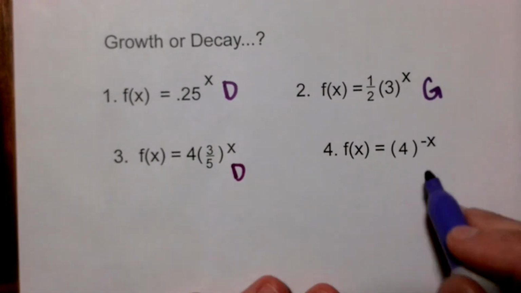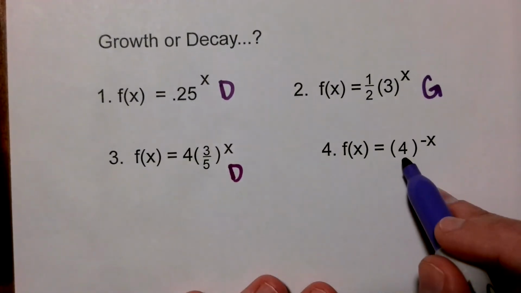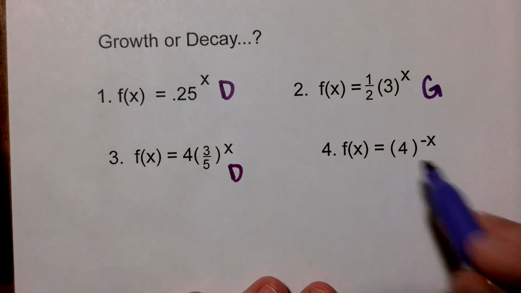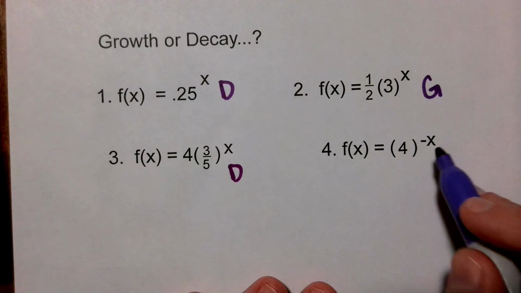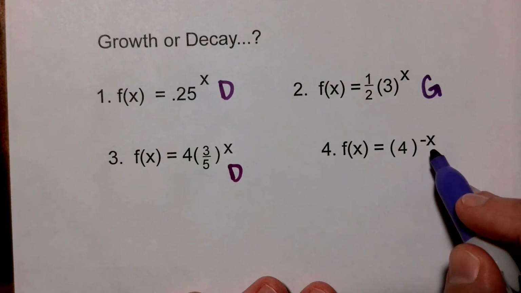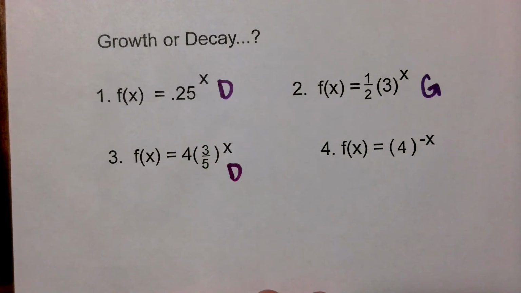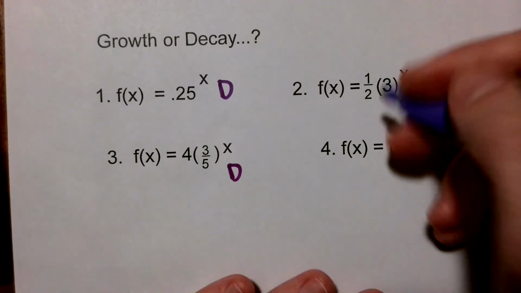And then my last one is kind of a trick question. I've got my base is a 4, and so normally that would be growth, but then I also have my x is negative. So remember, anytime I have a negative power, that means that I could move it to the denominator and make it positive.